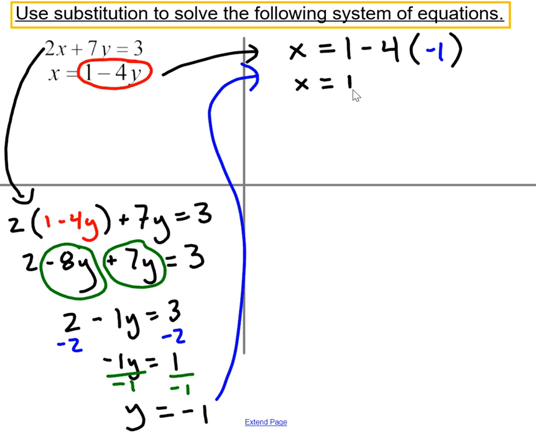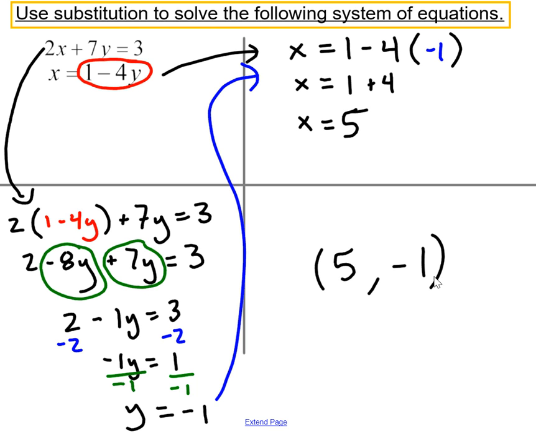Negative 4 times negative 1 is positive 4, so I get x equals 5. So I have my 2 solutions. I write it in my fourth box as an xy ordered pair. In this case, x always comes first, so it's going to be 5, comma, negative 1. So these 2 equations would cross at the point 5, comma, negative 1.